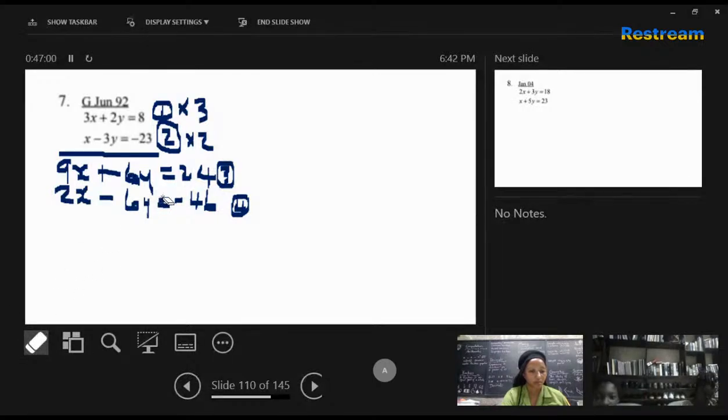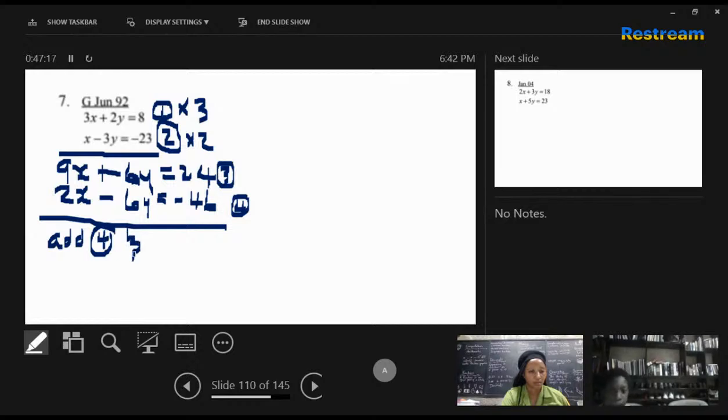So I'm going to add equation 4 and 3. So it'd be 11x, and the 6y cancels, is equal to negative 22.